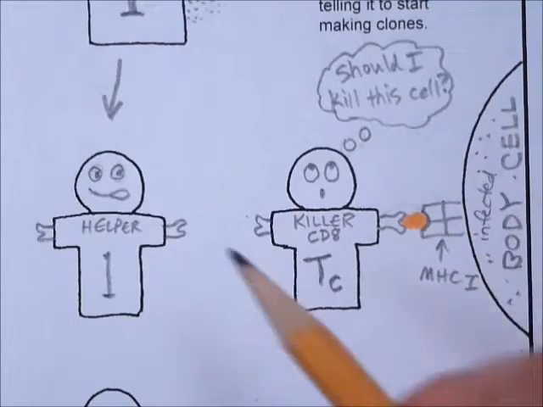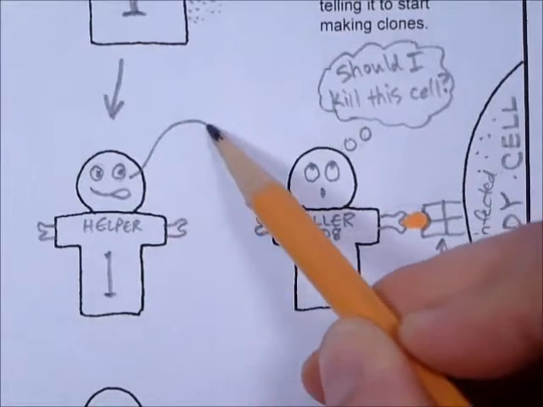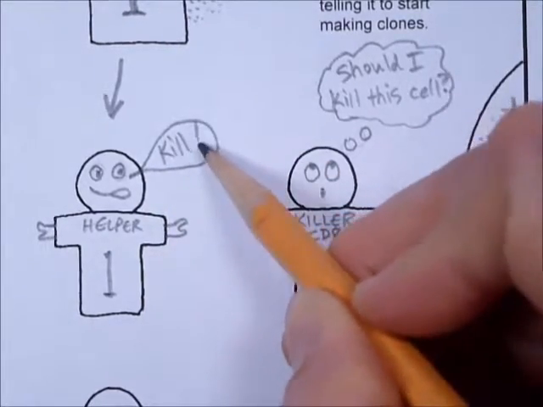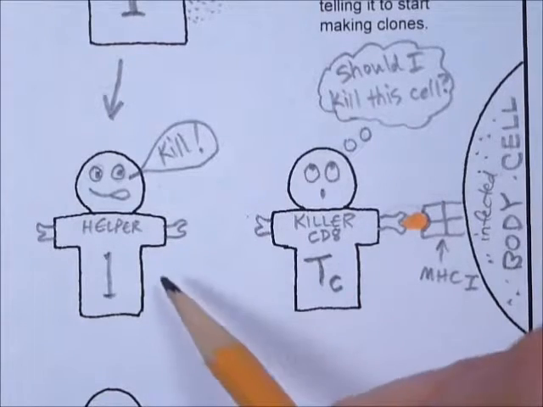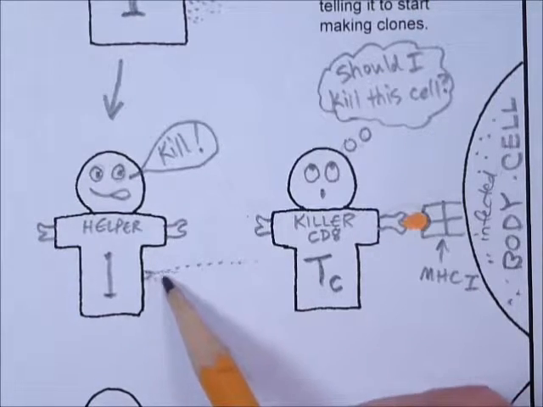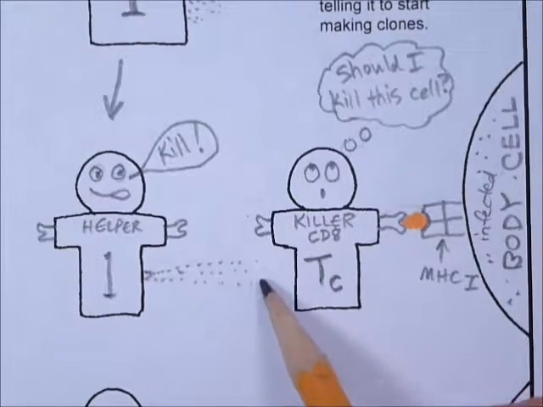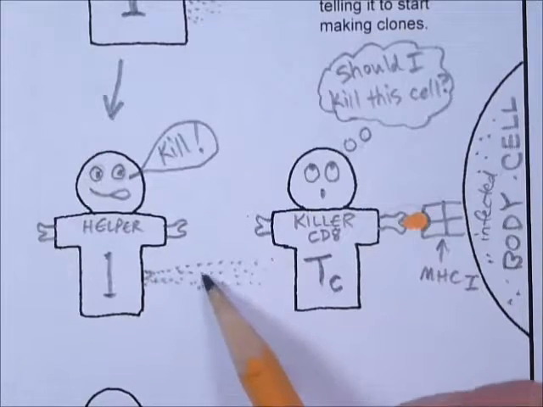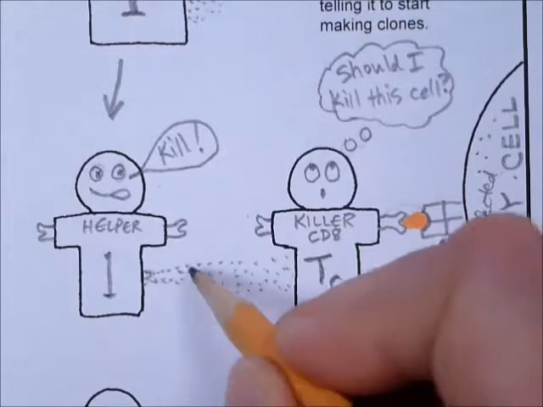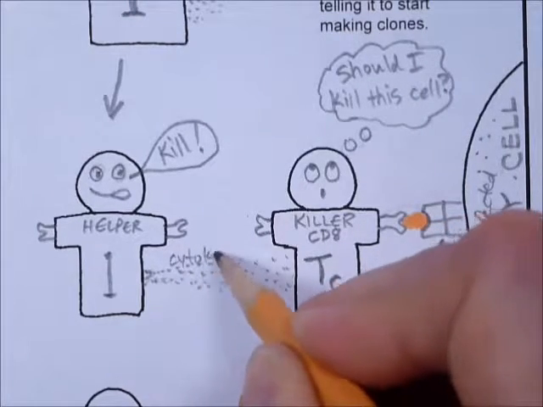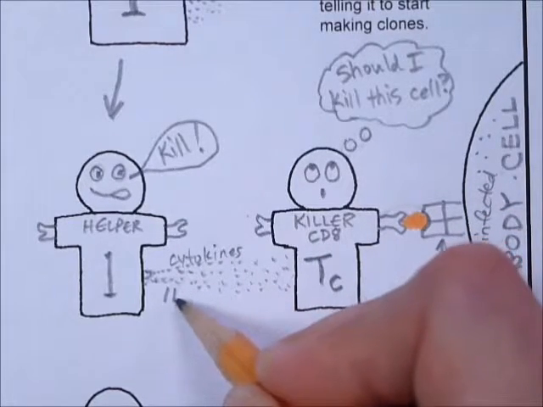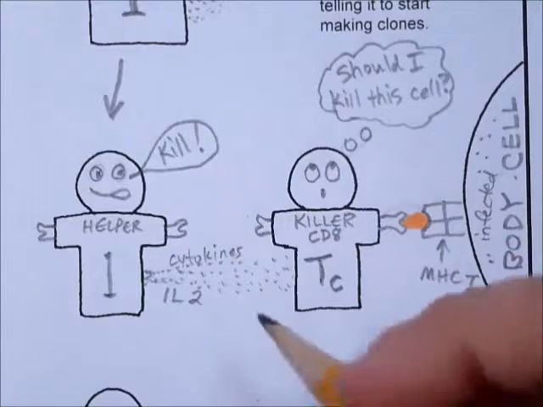So it's asking, should I kill this cell? And the helper number 1 is going to say, go for it, kill. Right? And how does it communicate? Cytokines. So these are cytokines. And for you trivia buffs, if you want to know, this is interleukin 2, IL-2, in this case.